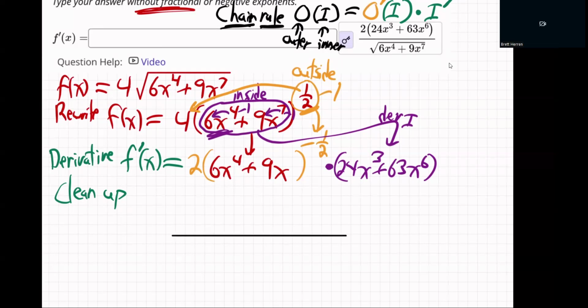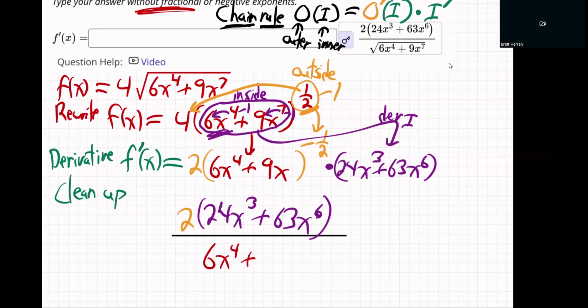Basically, the 2 and the 24x to the third plus 63x to the sixth, that's going to stay on the top. And the 6x to the fourth plus 9x is going to go to the bottom, and the power is going to become positive half.